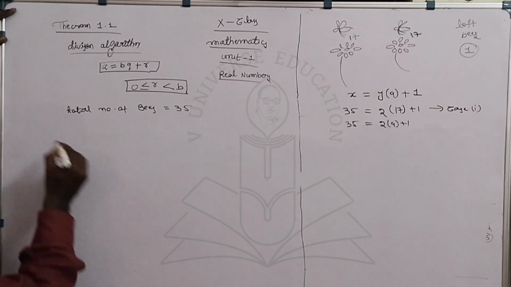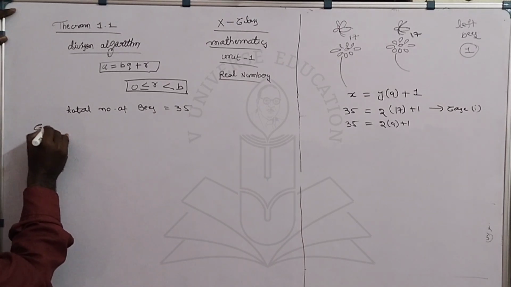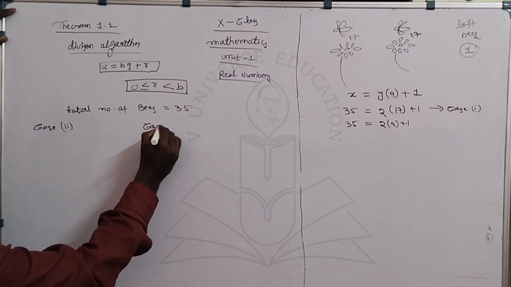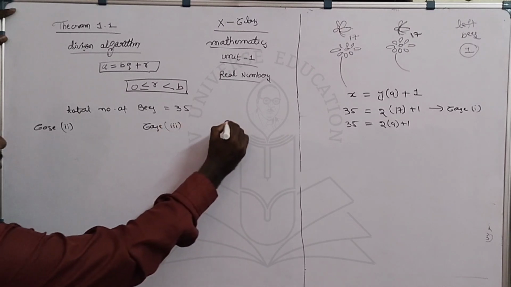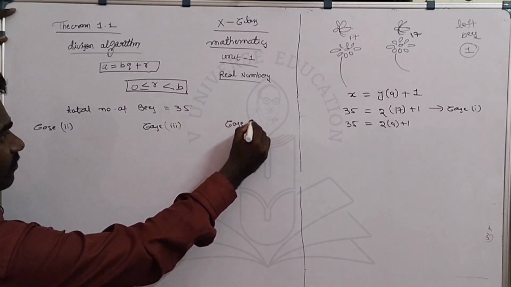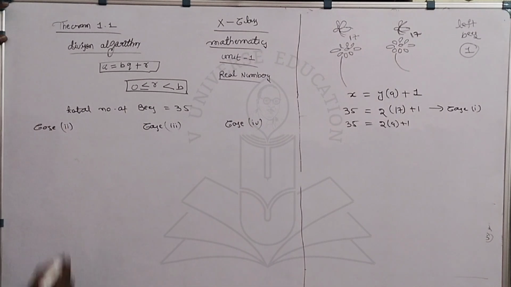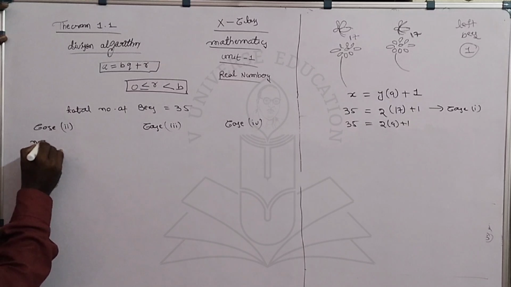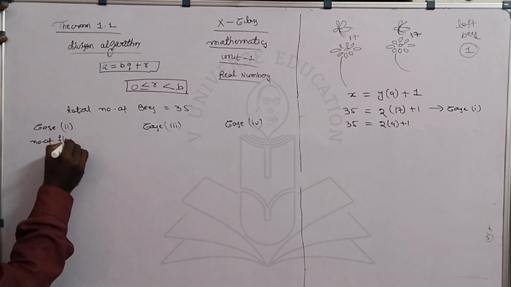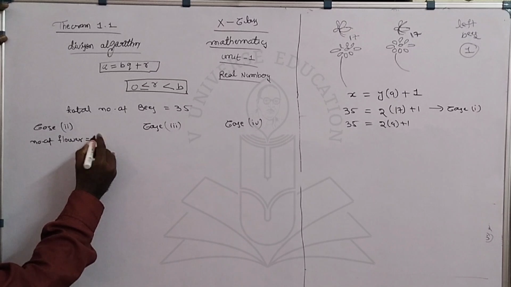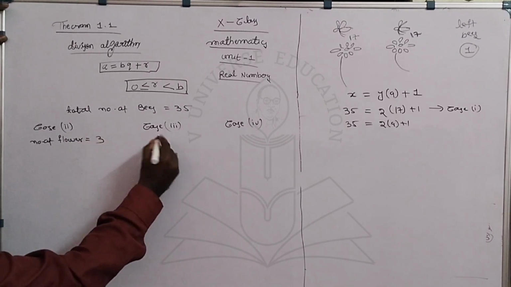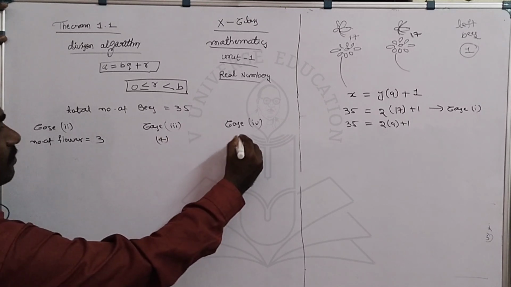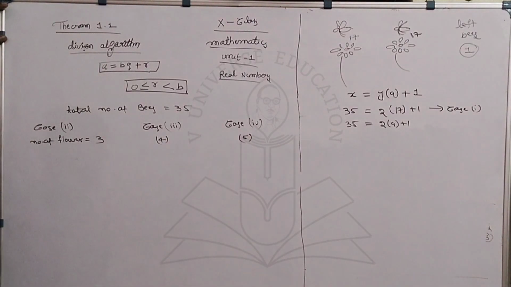So in case 2, case 3, and case 4: for case 2, the total number of flowers given is 3. Here the number of flowers given is 4. Here the number of flowers is 5.